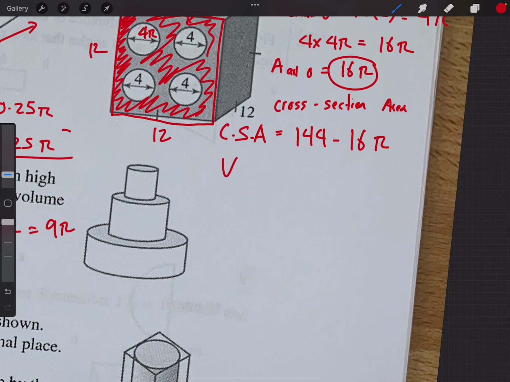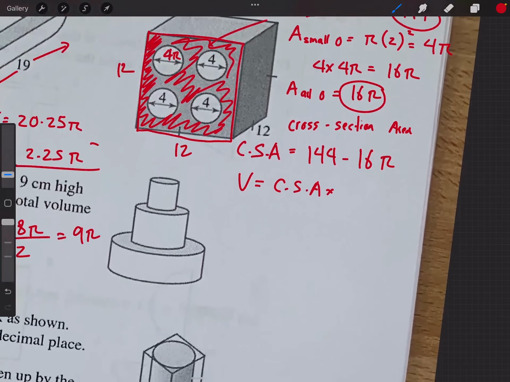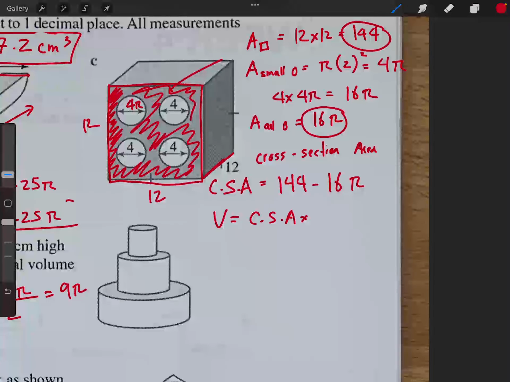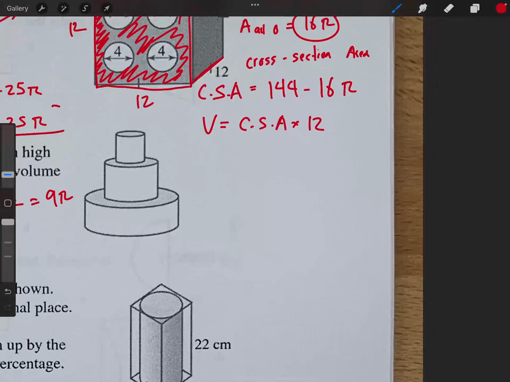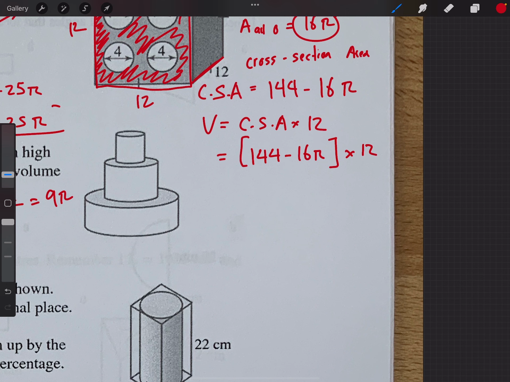Now to find the volume is the cross section area multiplied by how long we're stacking it. Well, we're stacking it this way, 12. So volume is equal to 144 take away 16 pi, and we multiply that whole amount by 12. Now I can put the 12 on the front here.